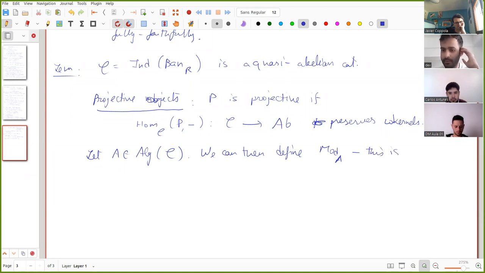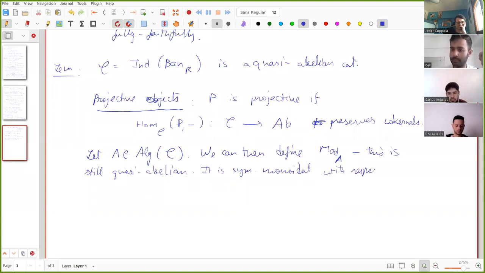And this is still quasi-abelian. And of course, it is symmetric monoidal, and so on, with respect to the completed projective tensor product over A. And you say a module P is projective if, again, this condition holds.